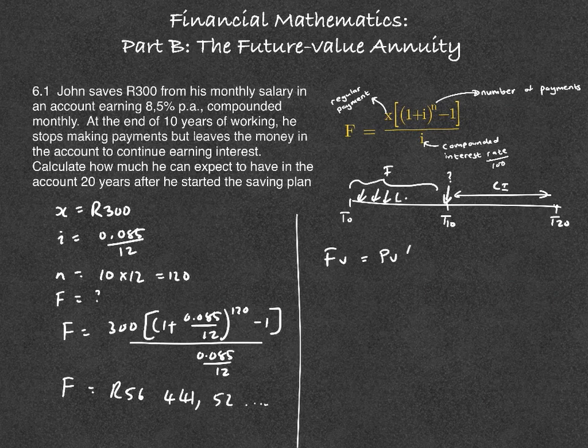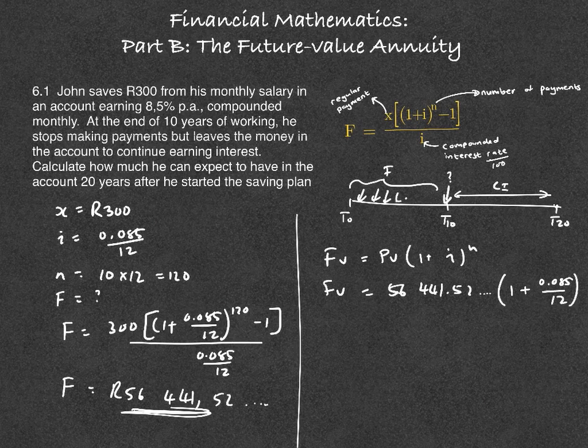So present value times (1 plus I) to the power of n. So what will that be? The present value now is this 56,441 rand and 52 cents. It's best to use the answer button in your calculator, or to store it as a function, save it as A, and then (1 plus I), that is 0.085 over 12, to the power of, and how many years?